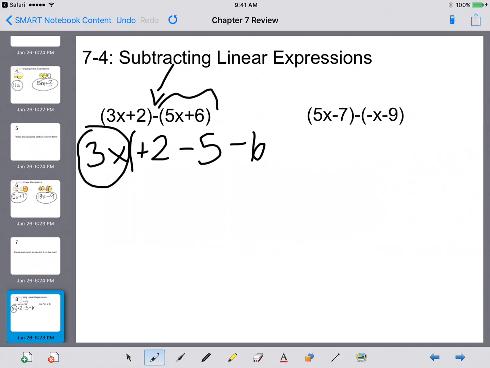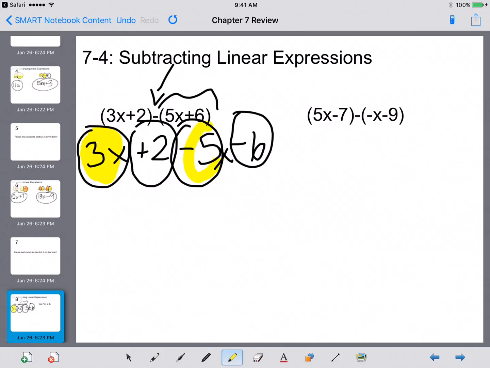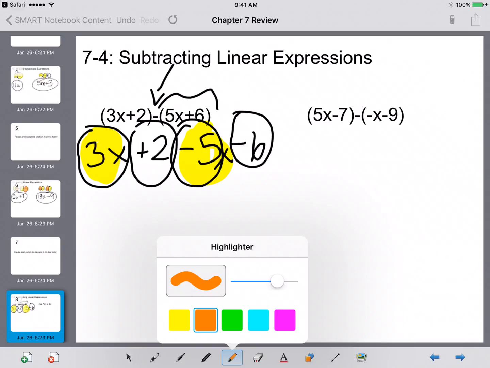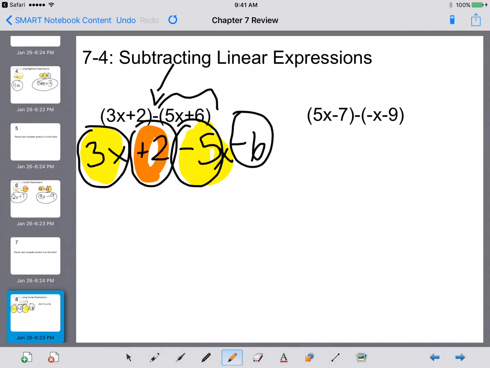We've got 3x, we've got plus 2, we've got minus 5x, and minus 6. Combining our like terms, we've got 3x and minus 5x, and plus 2 and minus 6. 3x plus minus 5x, because we're combining our like terms.